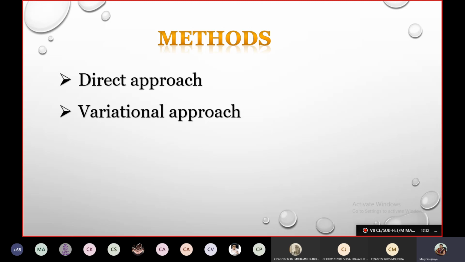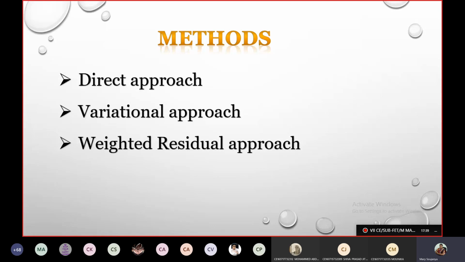The next one we have is the weighted residual approach. See, when we do integration, not differentiation, and there are single digit terms, we end up with a constant, or we can call it a remainder.